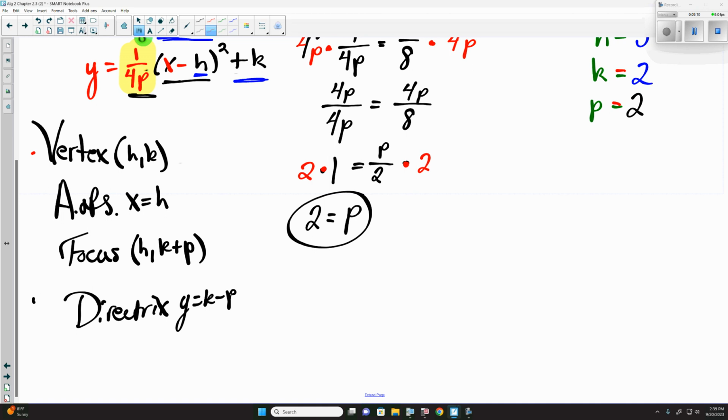And again, I got all these just from the equation here, our standard form.